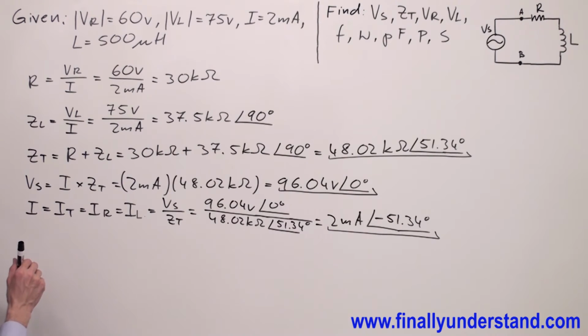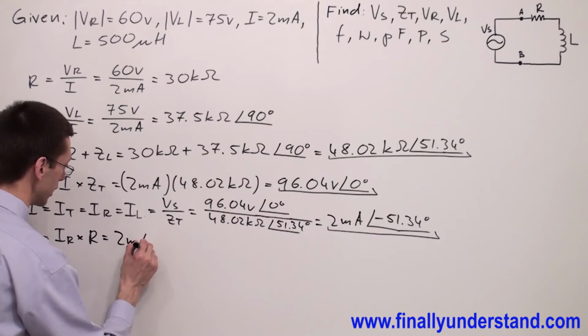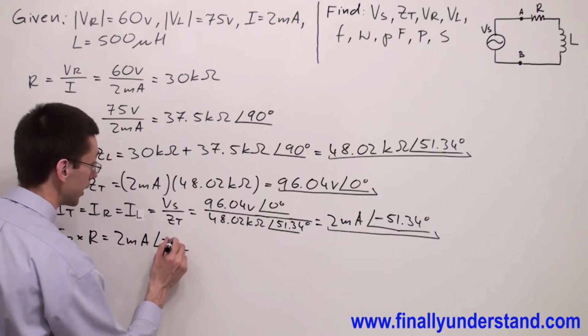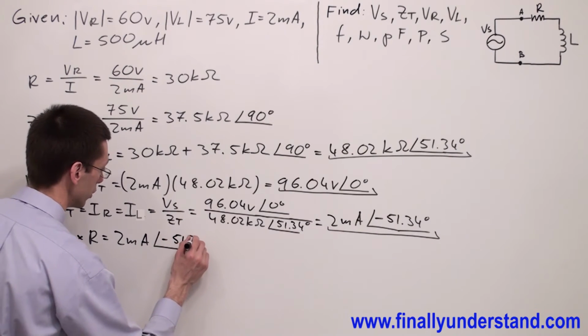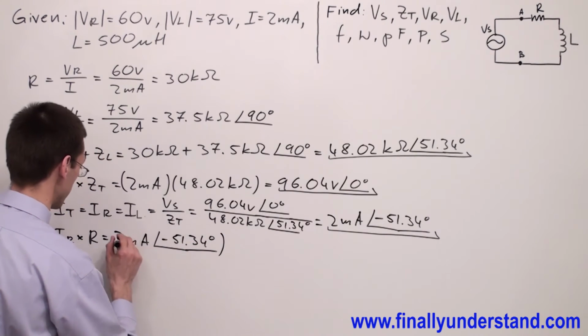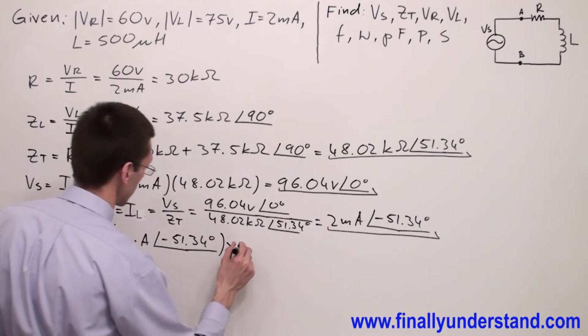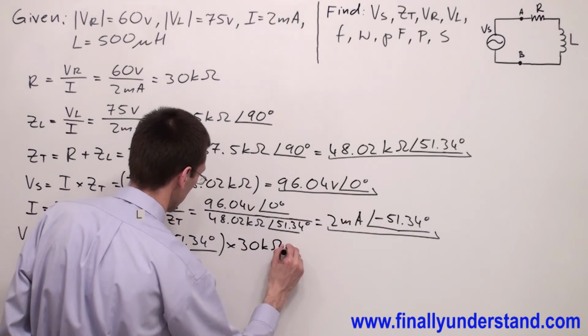Next, I can find the voltage across the resistor and voltage across the inductor. So VR is equal to IR times resistance, where IR is equal to 2 milliamps and angle of negative 51.34 degrees times the resistance, which is equal to 30 kiloohms.